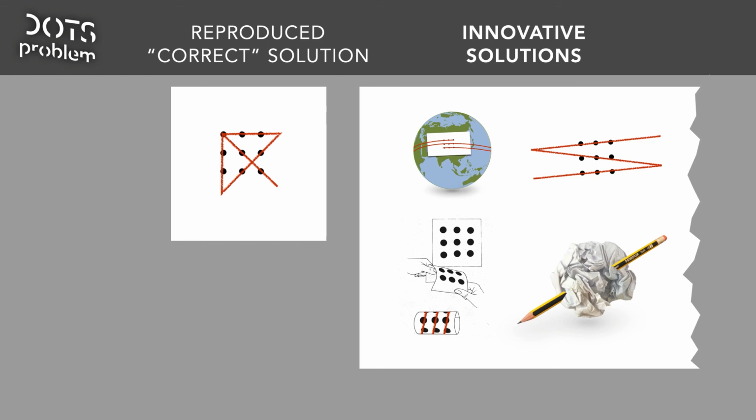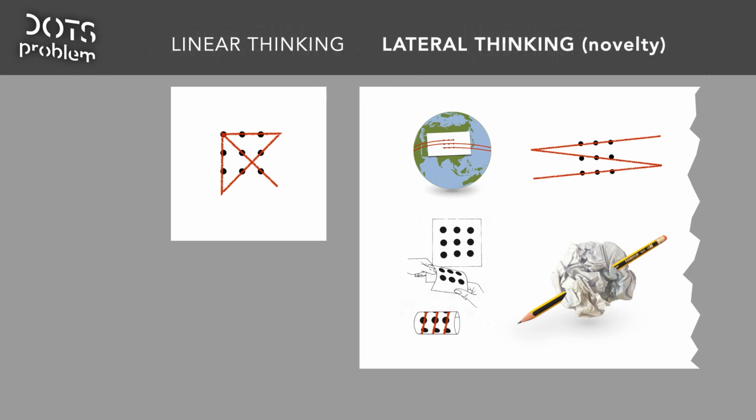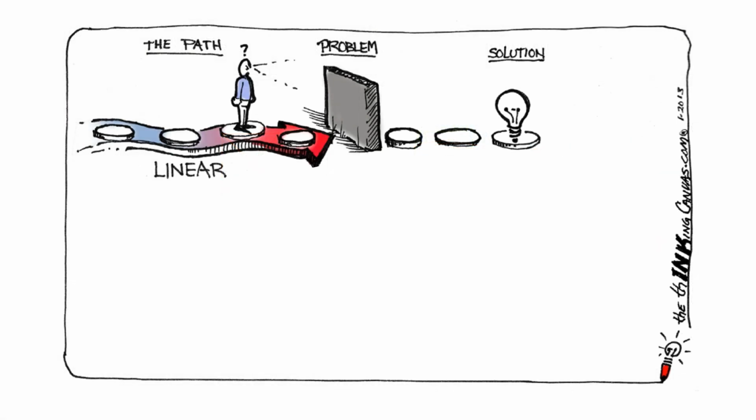So another label for reproducing the correct solution versus innovative solutions is talking about linear thinking and lateral thinking. And lateral thinking is thinking more about novelty. Linear thinking is one way of doing it: the right way or no way. Here's one illustration of that kind of thinking. You're doing a process, then you come upon an obstacle or a problem, and there's no way of going through it.